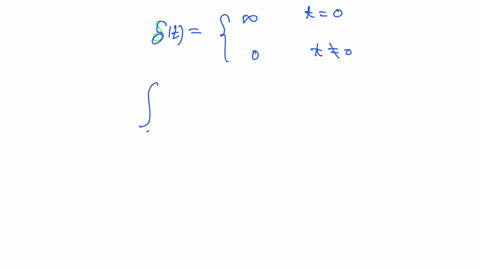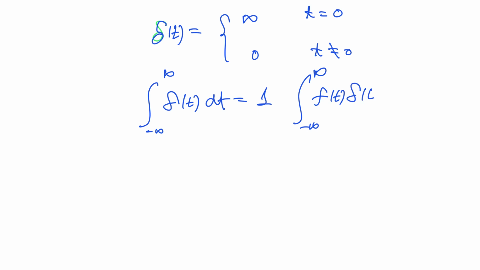But the integral of delta(t) dt is equal to 1, and the integral of f(t) delta(t) dt is f(0). So sometimes it's called a generalized function or distribution. There are too many functions, right?